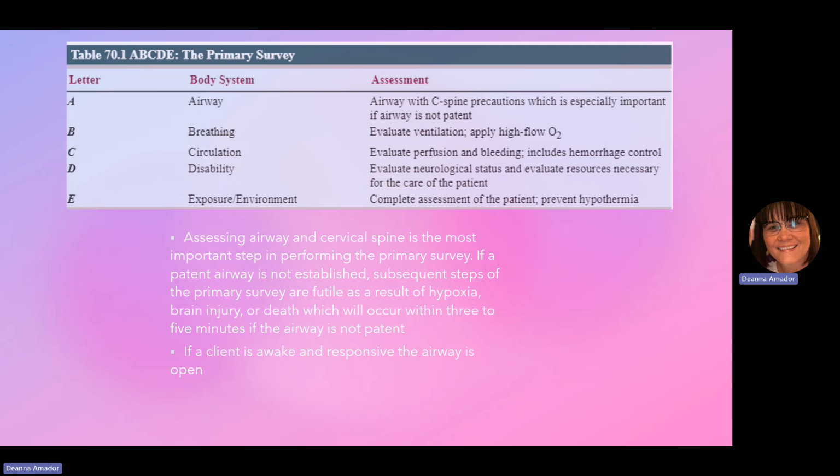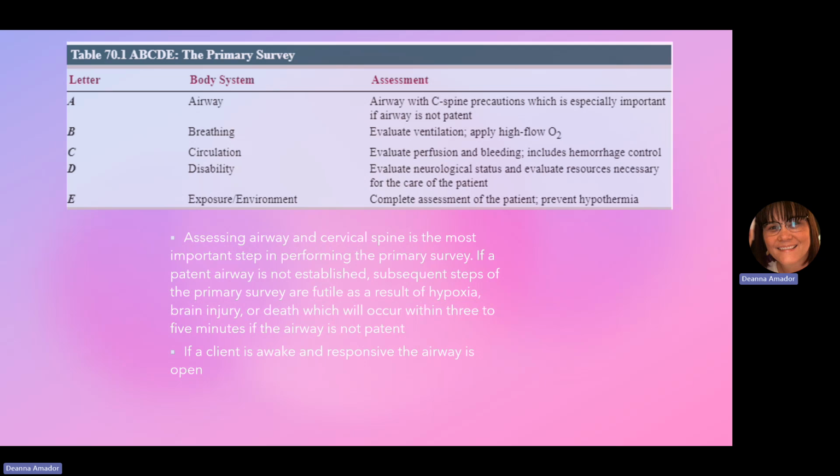That comes in the C with circulation. D is disability. You're quickly evaluating the neurological status, and seeing if there are any resources necessary for the care of the patient regarding their neurological status.